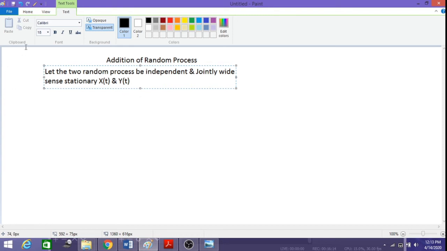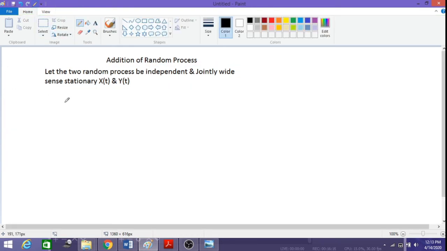Then what do we get? That will lead to a new random process, W of t, which is equal to the sum of X of t plus Y of t.